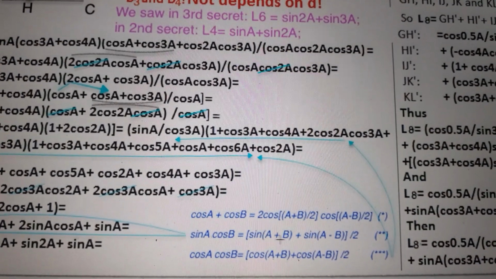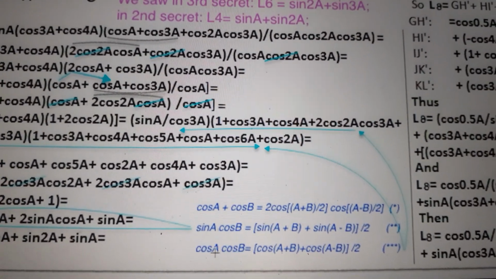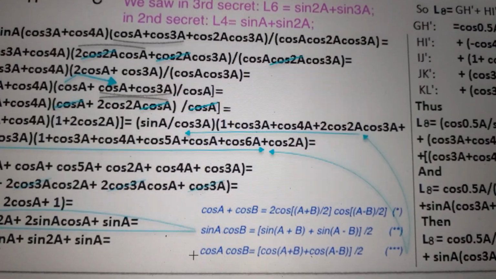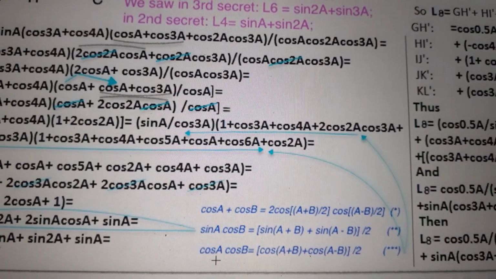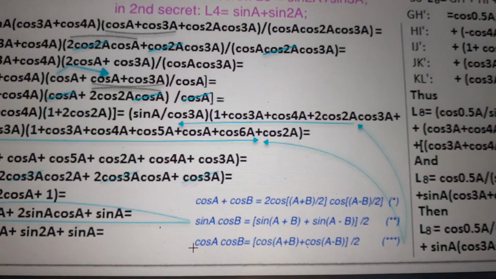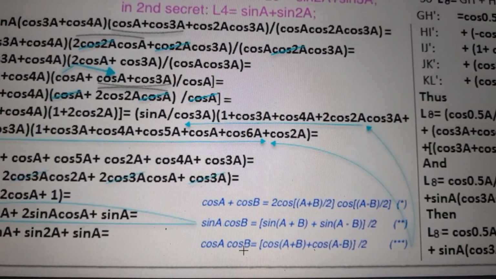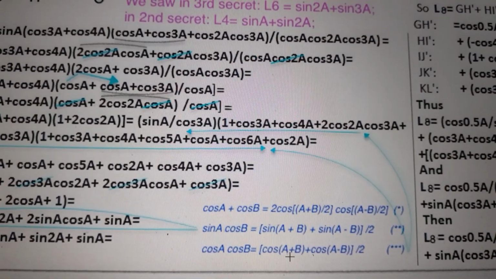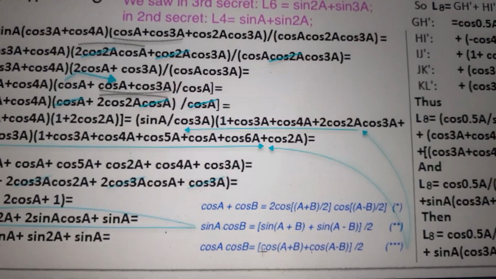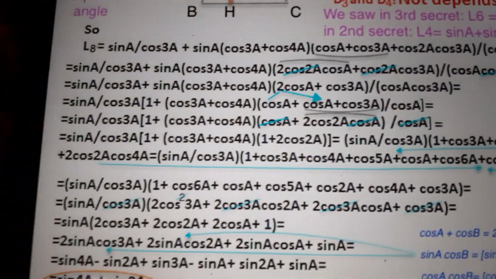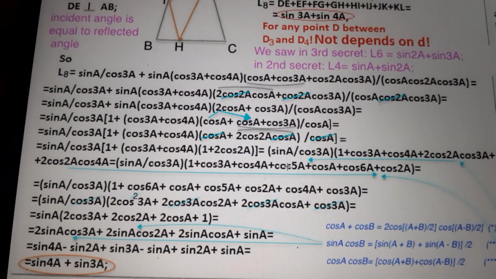Also, we can transform to sum of sines, and this third formula, product of cosines, we can represent by sum of cosines, and here we can see these transformations.